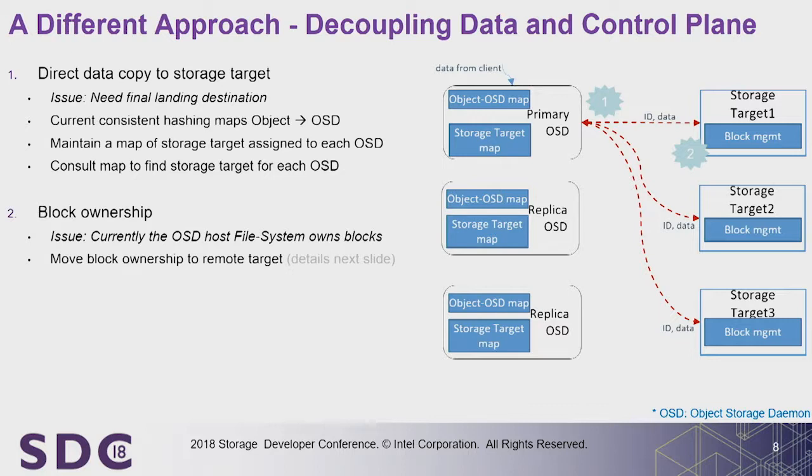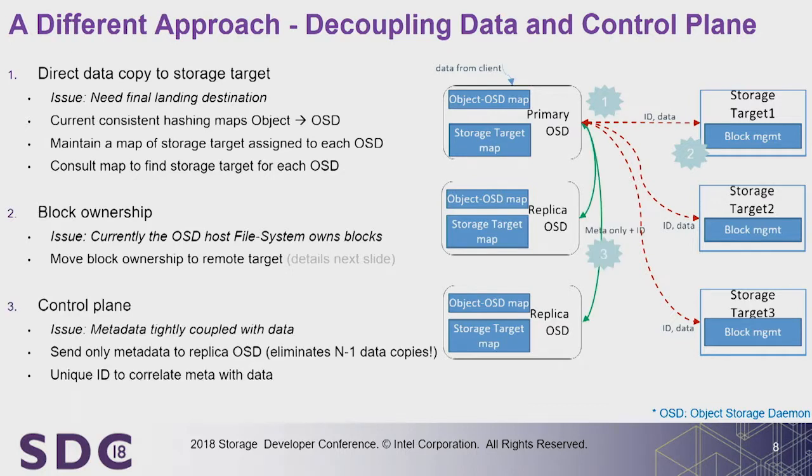If we leave that as it is, and you want to land data directly from the primary OSD, you need to know which blocks to land them to, which means extra traffic going back and forth between the OSDs just to know where to land the data. To avoid that, we're proposing to move the block ownership to the remote side. I'll talk a lot more in detail about that in the next slide.